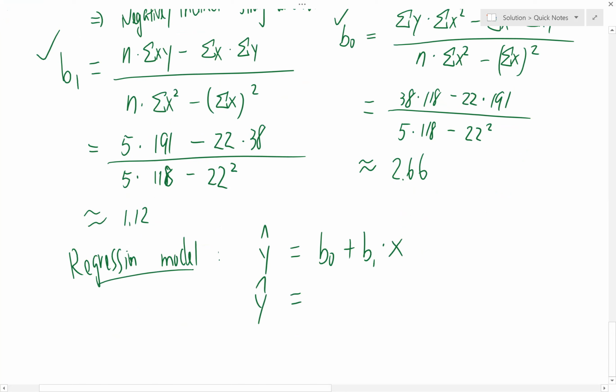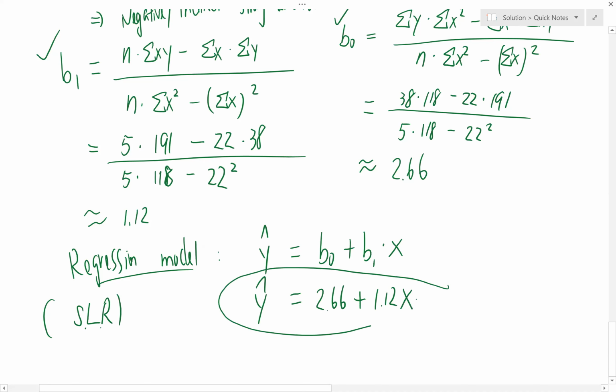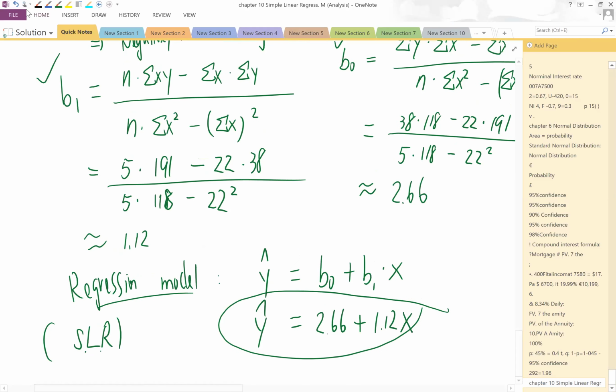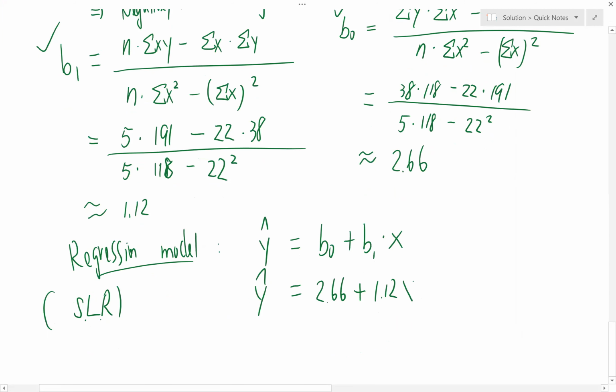SLR is an abbreviation of simple linear regression model. So B0 is 2.66 plus B1, 1.12, times x. So we come up with a regression model. That's another important part of the analysis. It's quite important, remember, we're talking about making predictions about the dependent variable.